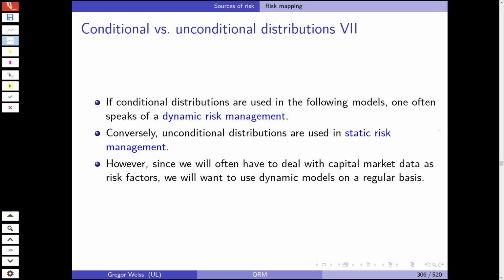Because by the use of conditional time series models, you are able to account for the dynamics and the time evolution of your parameters, of volatility, of your time series in general. So this is dynamic risk management. If you were to use unconditional distributions, I would call this rather static risk management. And capital market data obviously is very dynamic most of the time, so we'll be using dynamic models on a regular basis.